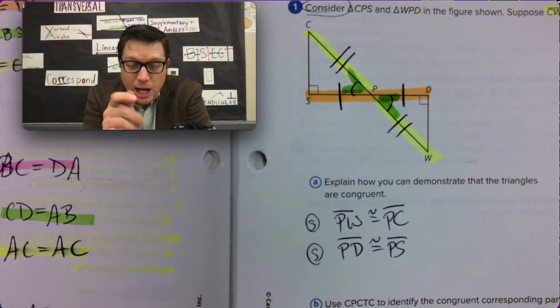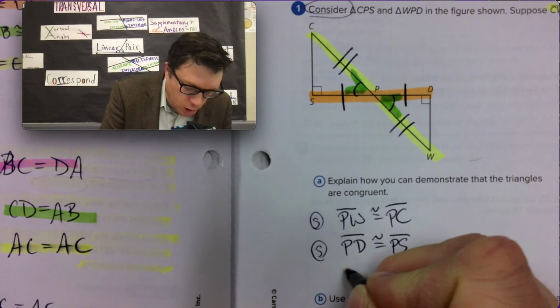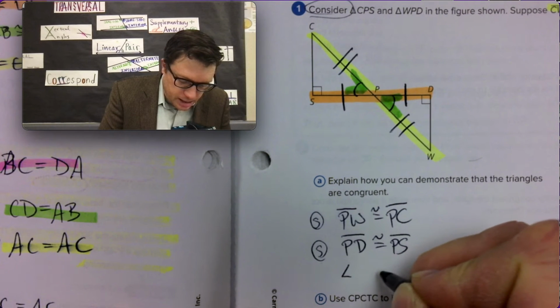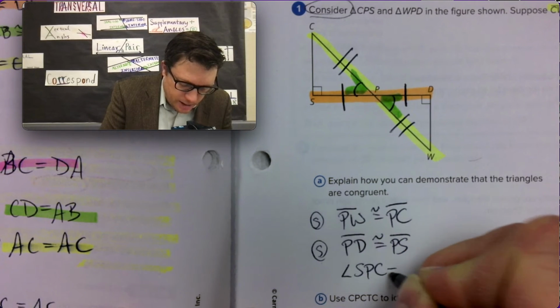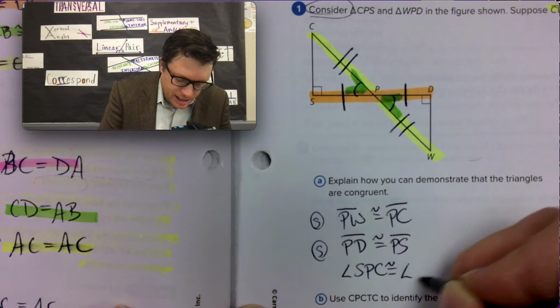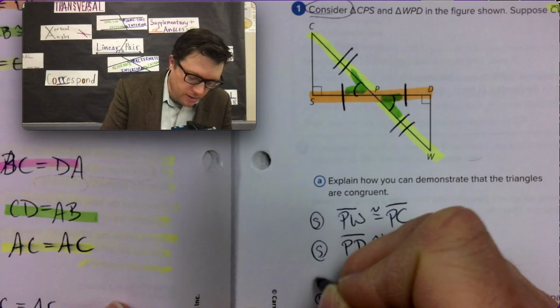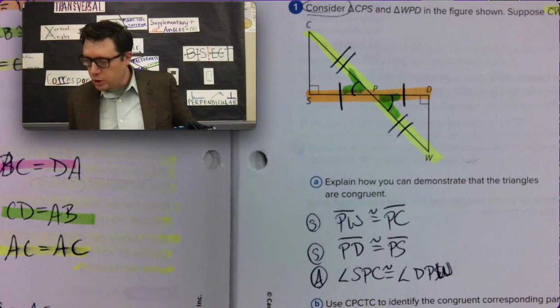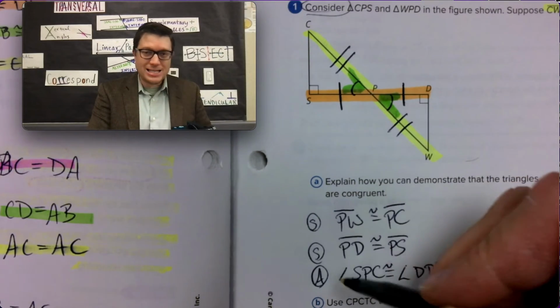Now we also have to mention the angle because I highlighted it green because it's a vertical angle. So we're going to say vertical angle SPC is congruent to angle DPW. I almost said DPS. Okay. That's an angle that's included between the two sides. So therefore, what we have is 2 sides and an angle.